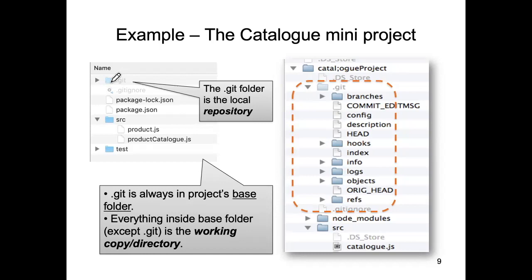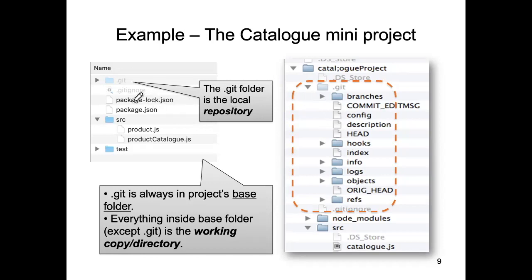And if we expand and look inside that folder, we see what's here on the right. Now, you never need to really go looking inside the internals of a Git repository, and you certainly shouldn't go making changes to the internal parts of a Git repository. But that's what it looks like. Later on, we will actually take a look inside it, so we have some sense of what's going on inside there.